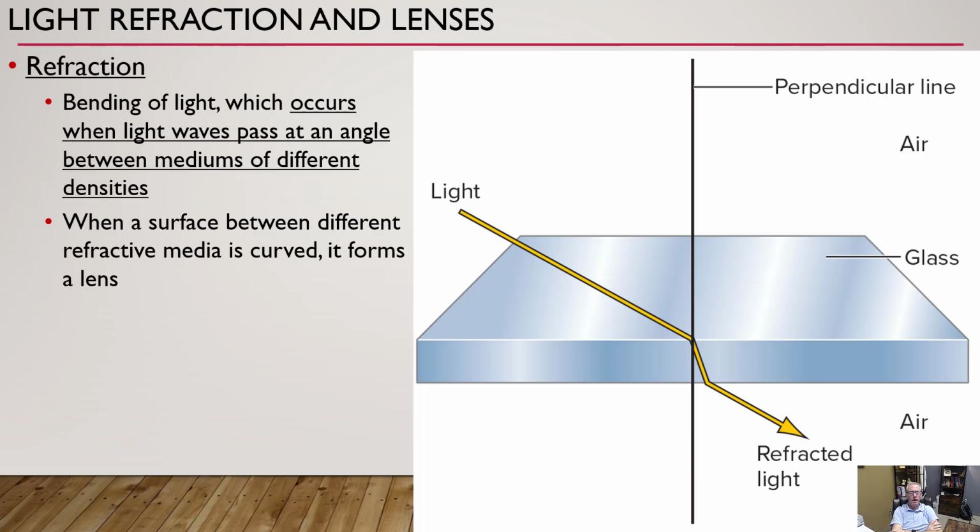Now, the example of this, you can see the little glass right here, and the light rays are bending. But if you've ever stuck a pole into a pool, if you're scraping the bottom of the pool, you know how when the pole goes in the pool, it actually kind of looks bent. The pole looks bent because the air and the water have two different densities. It looks like the pole is bending, but it's actually not.